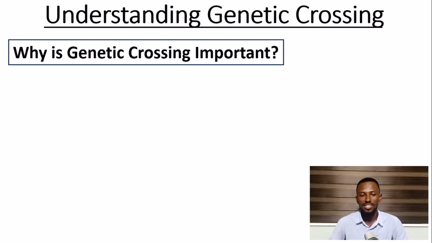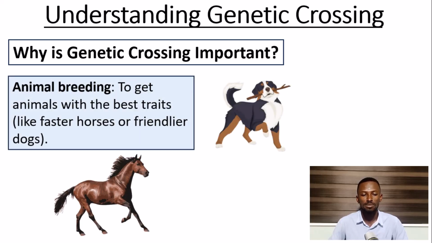But why is genetic crossing so important? What do you think? Genetic crossing, why is it so important? So the first one has to do with animal breeding. You have a horse that has admirable traits. So what the breeders normally do is they pick that horse and mate it with another horse with desirable traits.